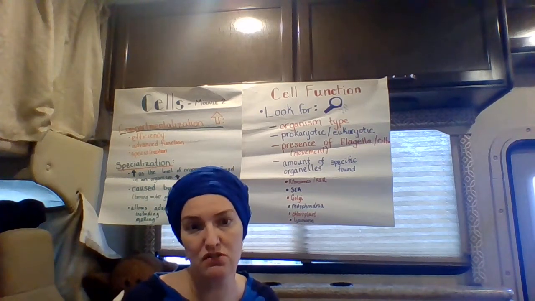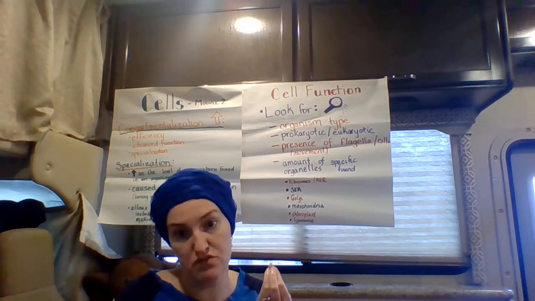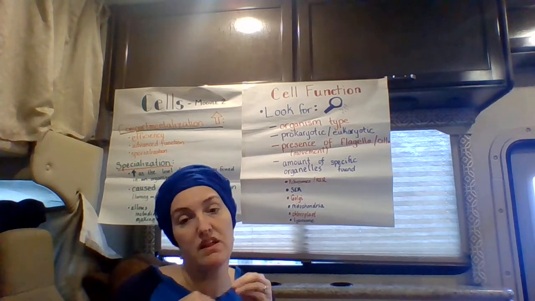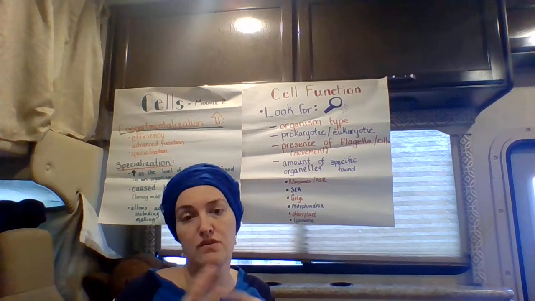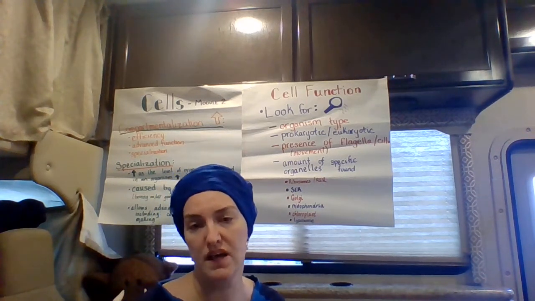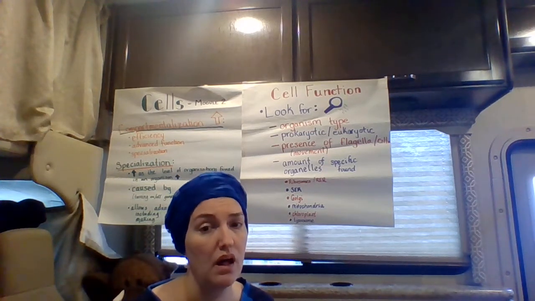Digestive tissue pulls in material from the digestive tract or the alimentary canal, and then it breaks it down, right? And then it releases those byproducts for the body to use. So anything that's going to be bringing stuff in and breaking it down, you're going to have a lot of lysosomes.